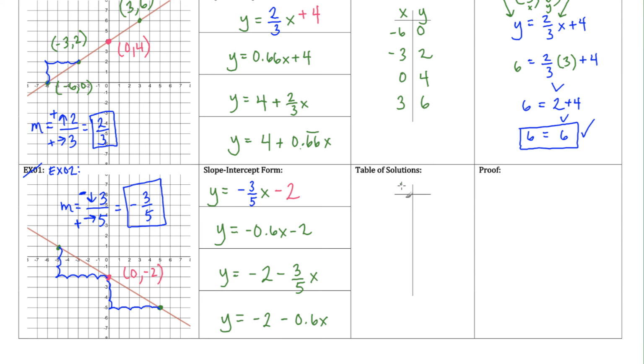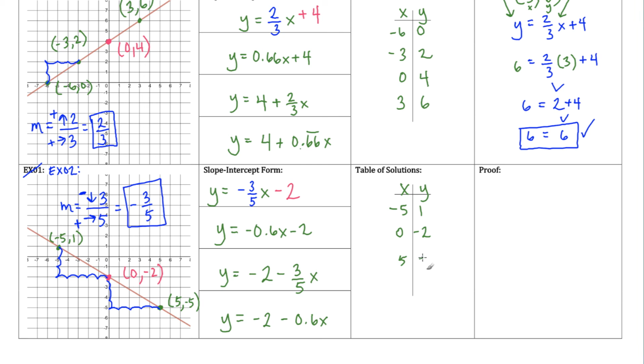And let's go ahead and make a table of solutions, a table of x and y's that make these true. I like going to this one, furthest left, remember. It makes it easier. So (-5, 1), (0, -2), and (5, -5).